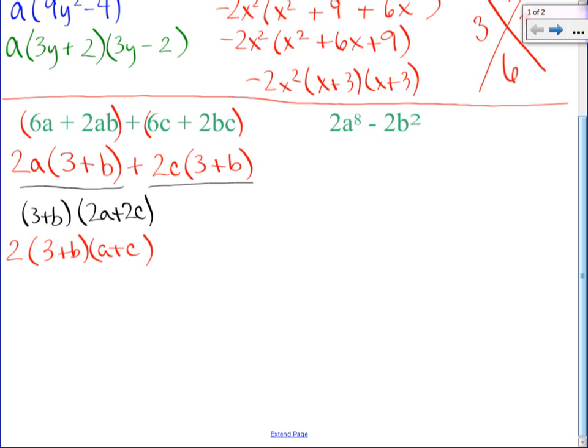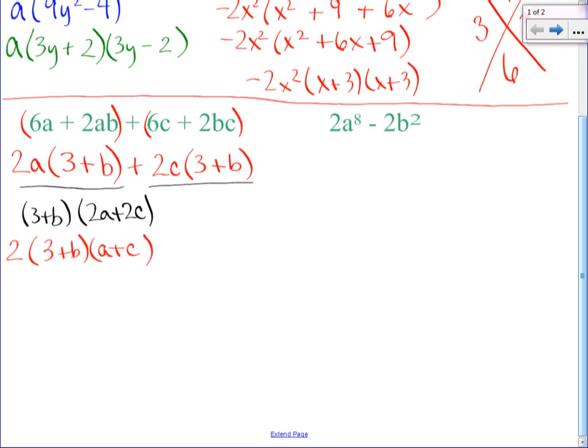A plus C. Good. So make sure it's completely factored to the smallest possible factors. Questions? We could have also taken that 2 out at the beginning because all 4 terms we could divide by 2, and we would have gotten to the same answer at the end. Okay, which we probably should have done because that's always our first question, right?